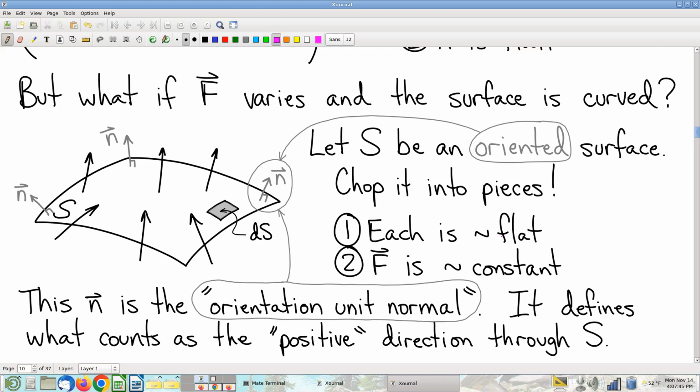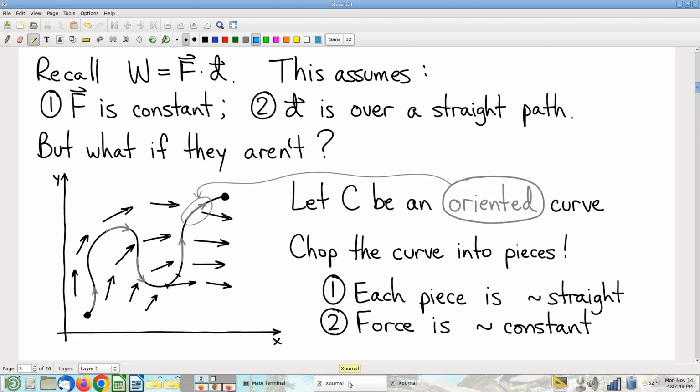Excuse me. So, there was another issue when we were looking at work. I made the relatable, I hope, observation that if you're going up the hill, that is a different experience from the alternative of going down the hill.